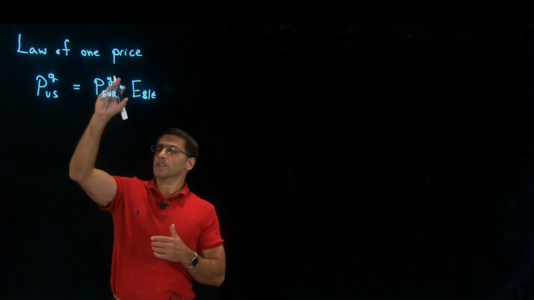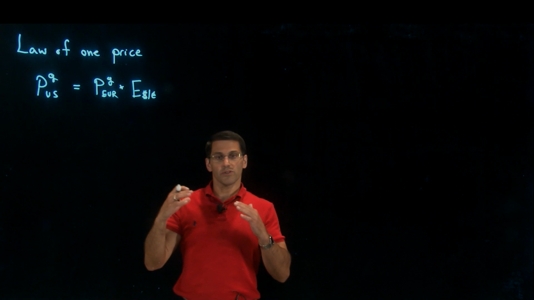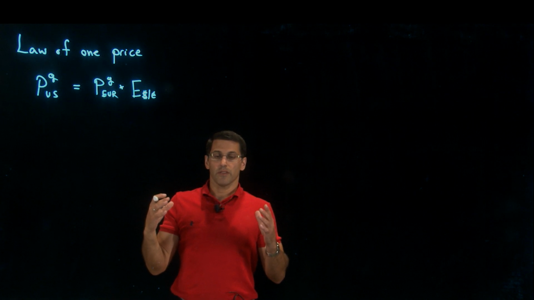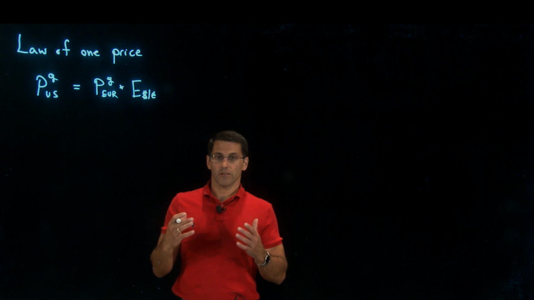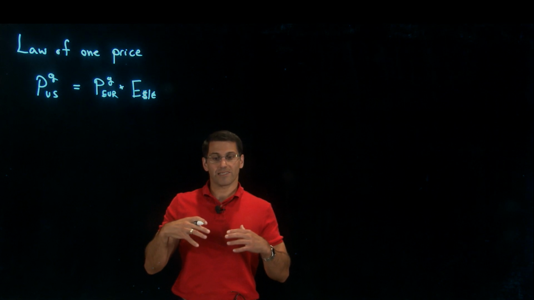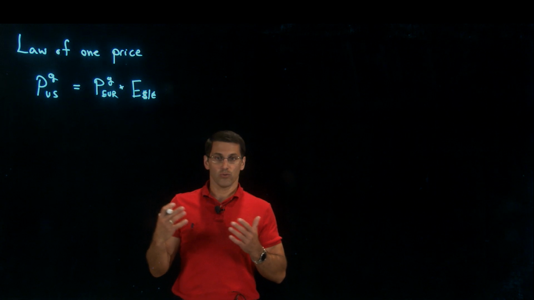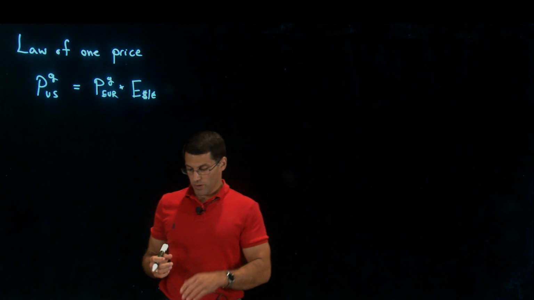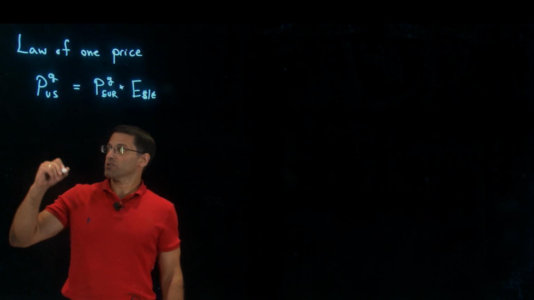So if we take this concept and say this holds for every single good, then in aggregate, that is going to hold for the price levels in the two different economies. And we call that concept purchasing power parity.